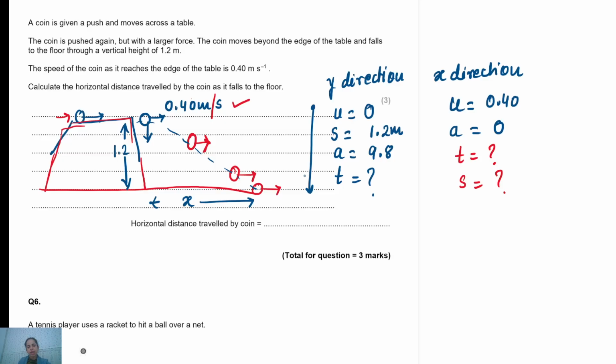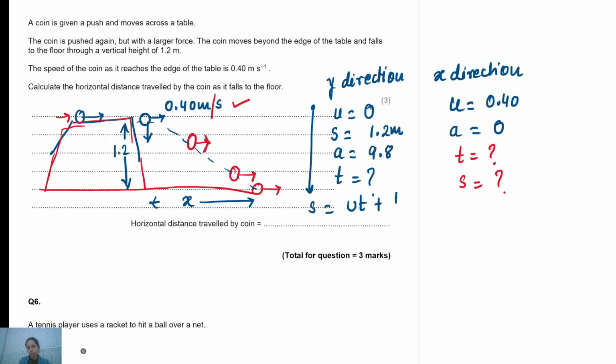So I'm going to use my equation in the y direction. s is 1.2, equals 0 plus half times 9.81 t squared. So this gives me t equals the square root of 2.4 divided by 9.81. Let's figure out how much that is.